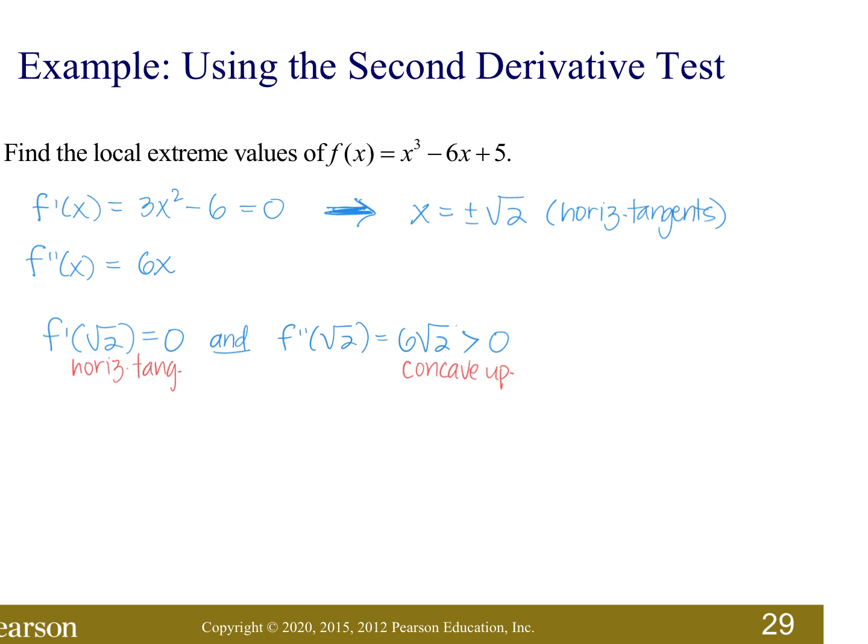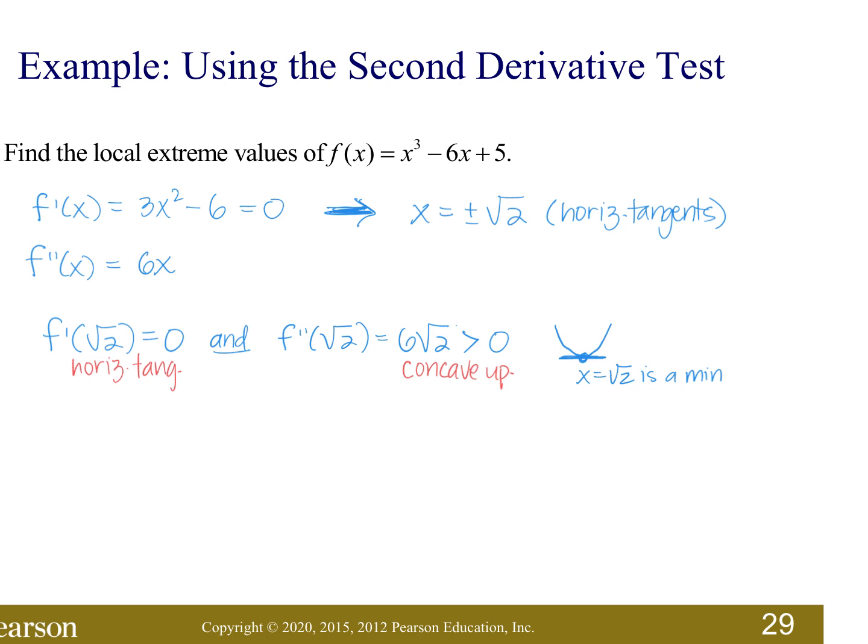So what does that mean? A horizontal tangent with concave up. That means that x equals rad 2 is a min. That's enough to have the horizontal tangent and concave up.